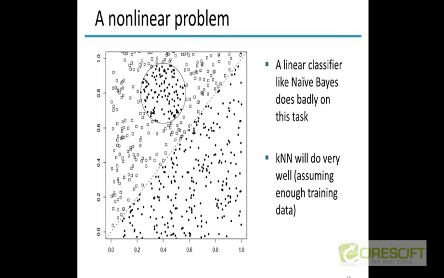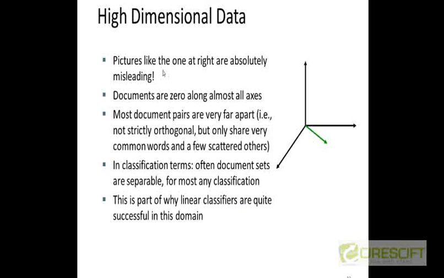So this is an example. Here you have many more points, but you can see that there are two classes over here. There is one class consisting of these black circles, and this particular class is represented not only by this approximately triangular region, but also by this circular region over here.